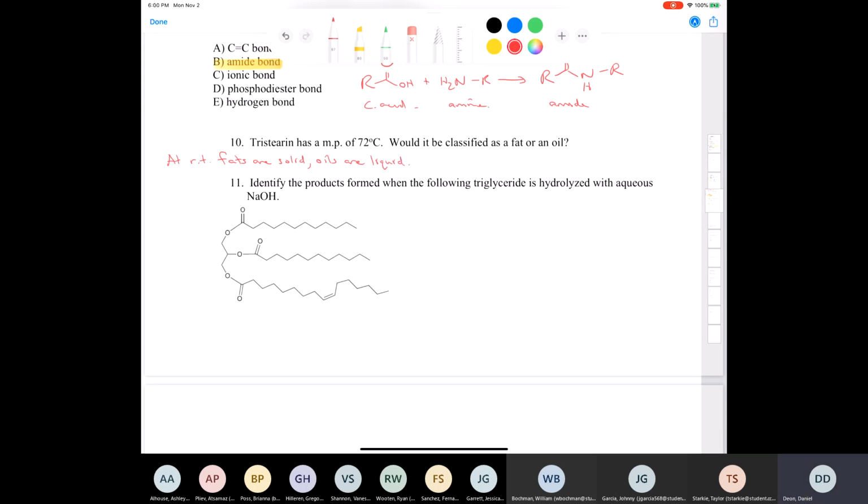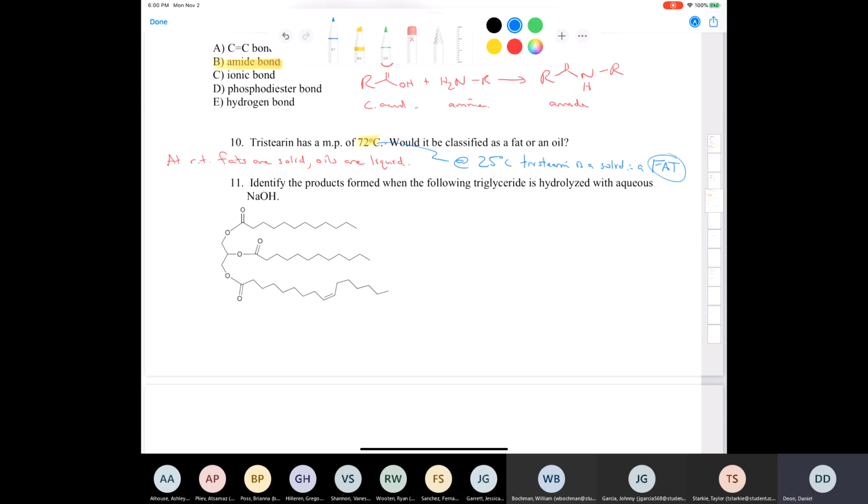If tristearin doesn't melt until 72 degrees Celsius, that means that at 25 degrees Celsius, tristearin is a solid, therefore a fat. Boom.